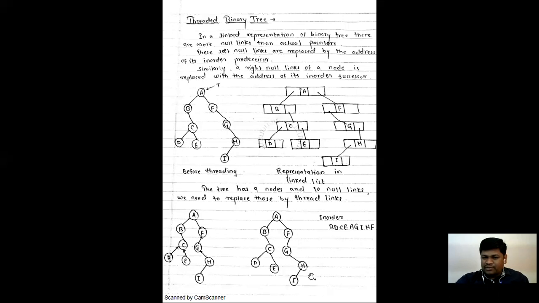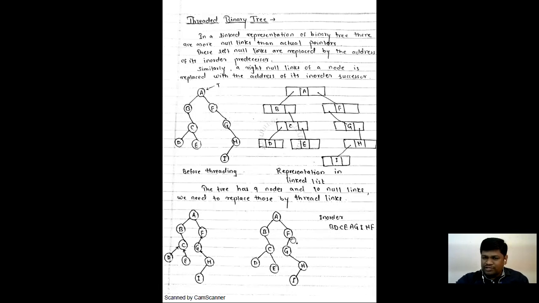A. And for H, we require the successor address. Thread F. And for I, predecessor G and successor H.